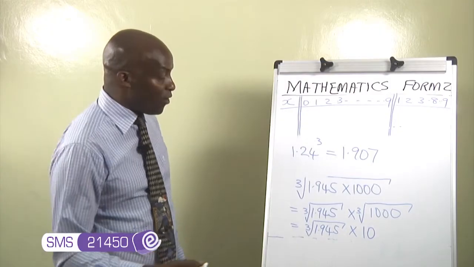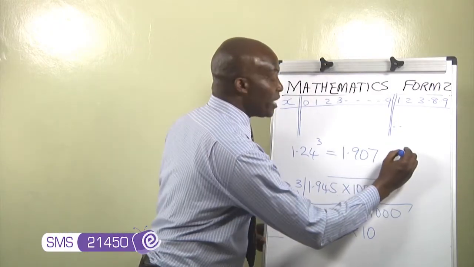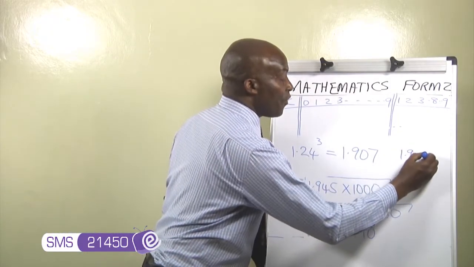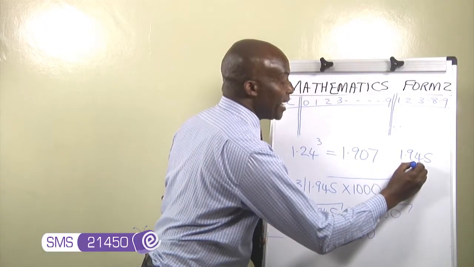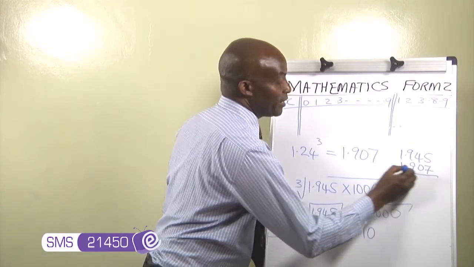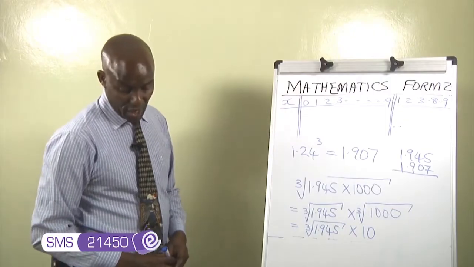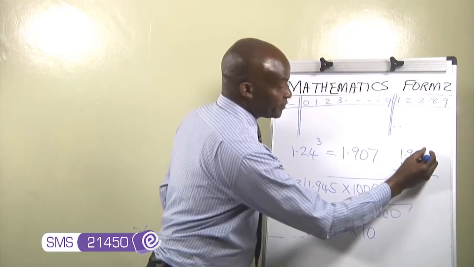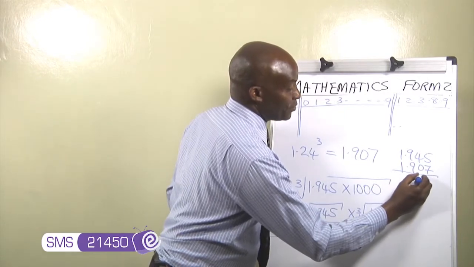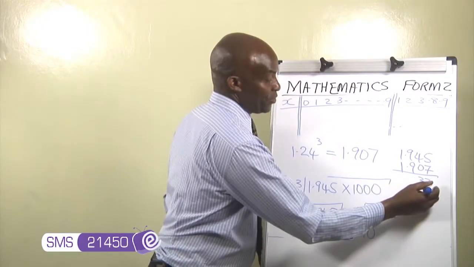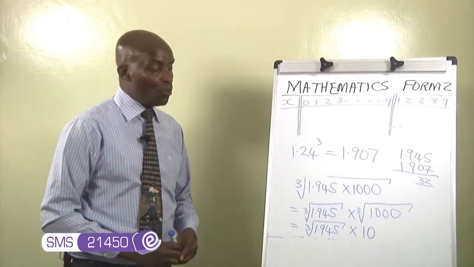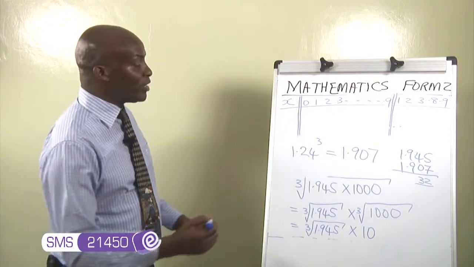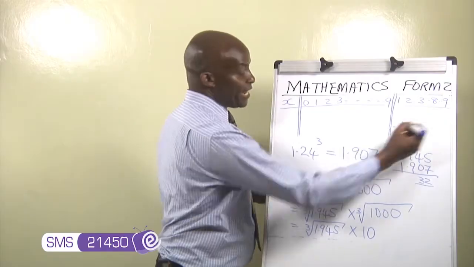Now, what will we be looking for? We will be looking for the difference between 1.945 and 1.907. If we do the subtraction, this will be 2, this is 3. So we'll be looking for 32 at the minor column section.